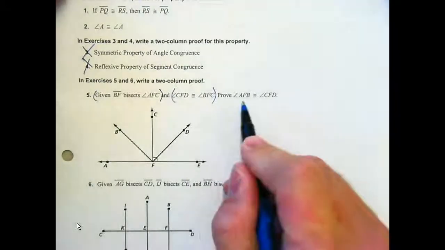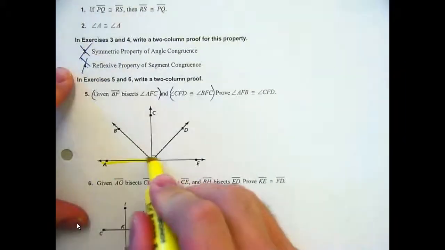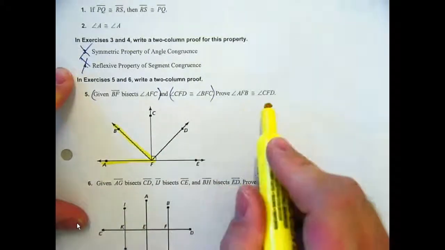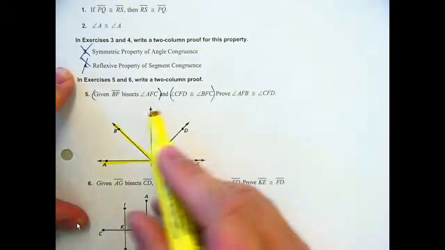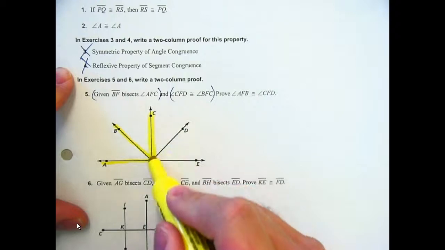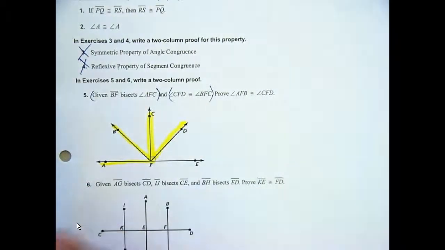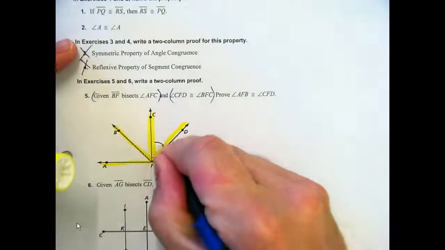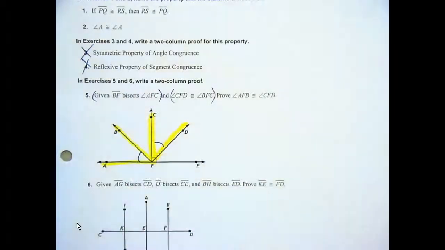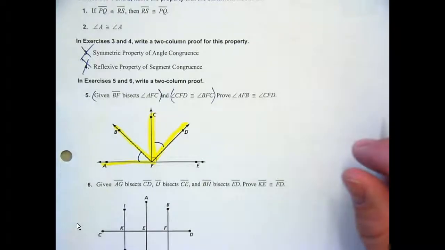So if I'm trying to prove that AFB is congruent to CFD, so this guy to that guy, that's what we're trying to prove. Okay? Anyone have a plan? Sam, you got a plan?